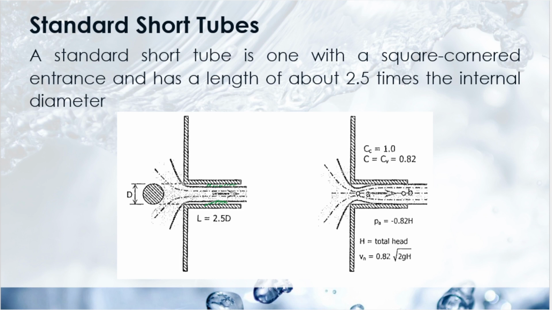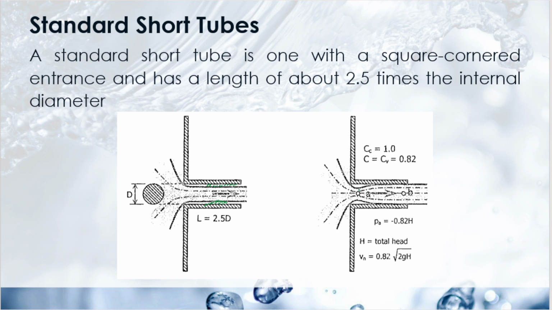It is almost the same as what we call a sharp crested orifice. That's why we have what we call the coefficient of contraction. The right illustration is a condition when the jet touches the walls of the tube. As you observe here, it contracts at this point.